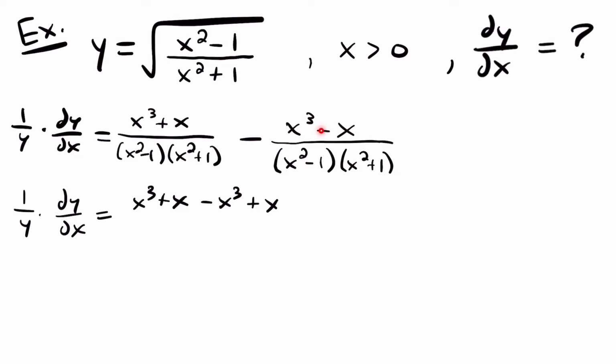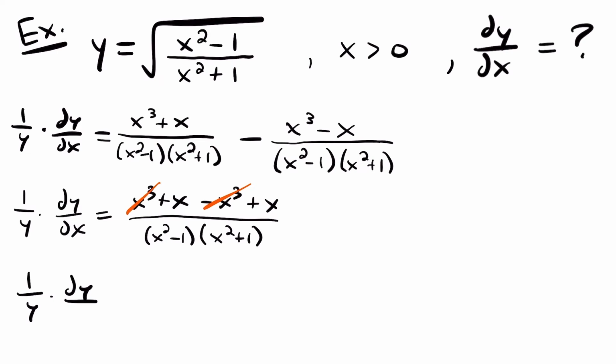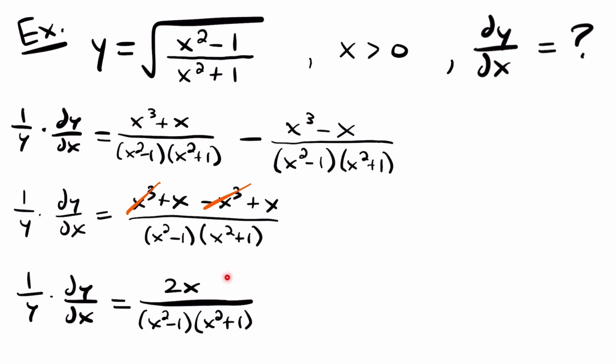This negative will make this negative positive, and we're still dividing by x squared minus 1 times x squared plus 1. All right, and so then notice that this x cubed and this negative x cubed will cancel out because x cubed plus negative x cubed is 0. And then these two x's will become 2x. And so now finally we have that 1 divided by y times dy dx is equal to 2x divided by x squared minus 1 times x squared plus 1.